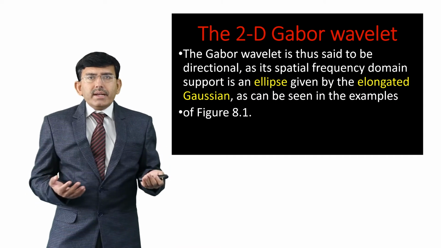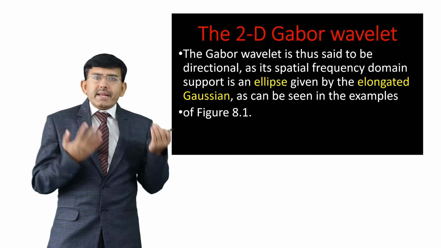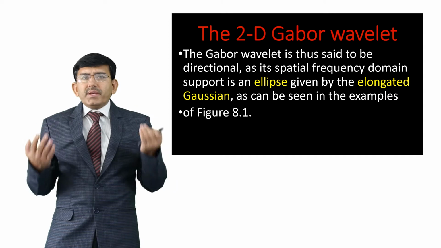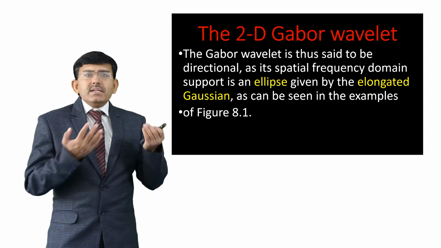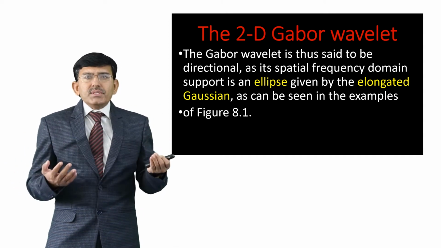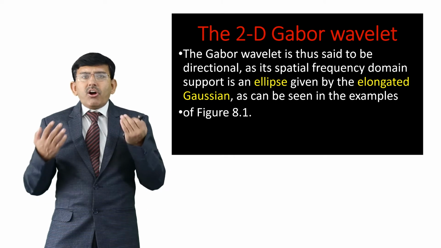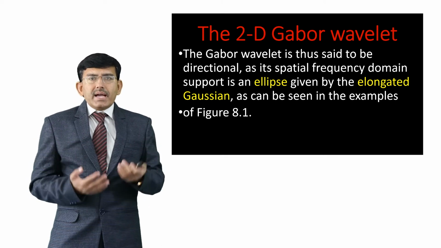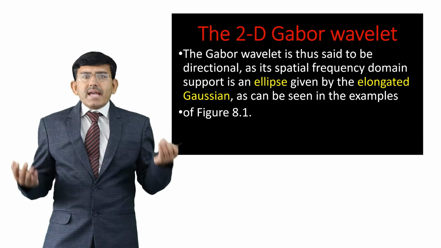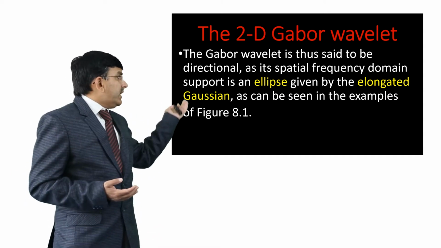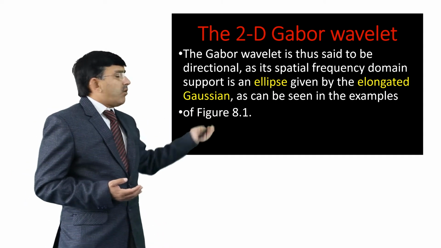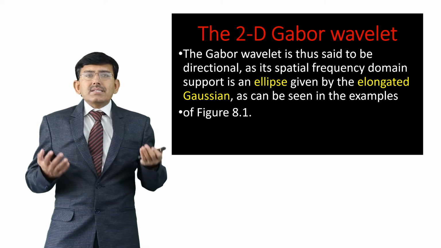The Gabor wavelet is thus said to be directional as its spatial frequency domain support is an ellipse given by the elongated Gaussian, as can be seen in the example of figure 8.1 which was shown in an earlier slide.